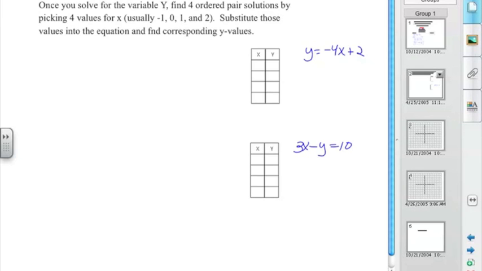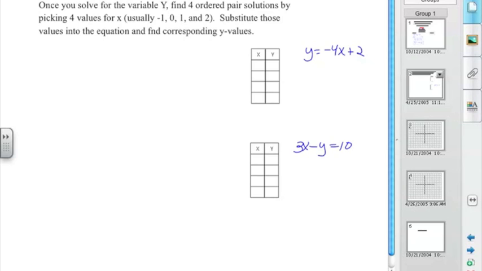So at this point, once you solve for the variable y, you're going to follow the directions and find 4 ordered pair solutions by picking 4 values for x. You can pick any values you want for x. It's entirely up to you. However, negative 1, 0, 1, and 2 are the best ones to choose simply because doing math with numbers really close to 0 is usually easier than picking things like 3 3/8, negative 7 million, and numbers like that.